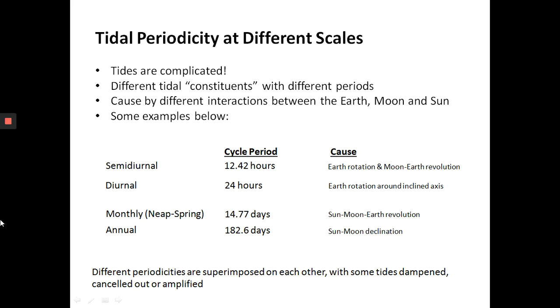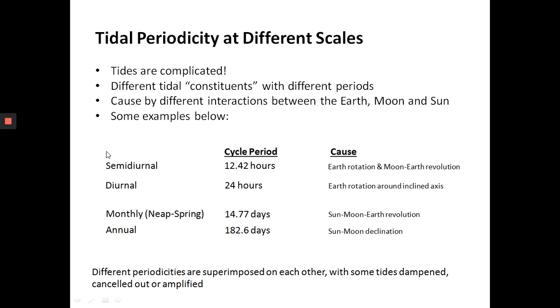Okay, and these different tidal cycles we call tidal constituents. They are caused by different kinds of interactions between the Earth, Moon, and the Sun. There are lots of different tidal constituents. If I remember well, there might be more than 100 types of constituents with different periods and controlled by different kinds of factors. Okay? So I'll just show you some of the common examples below.